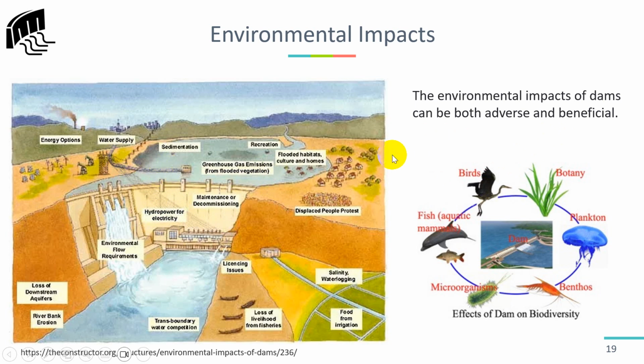But there are some disadvantages of the dam for the environment, like greenhouse gas emissions, salinity, waterlogging, loss of downstream aquifers, and so on. Also for ecological conditions, this is the effect of the dam on biodiversity. The dam will affect the condition of birds, fish, microorganisms, and so on.